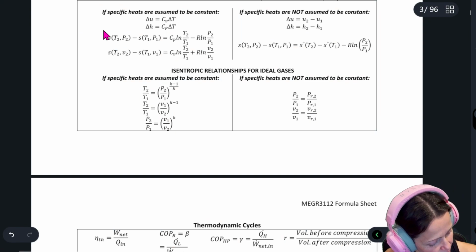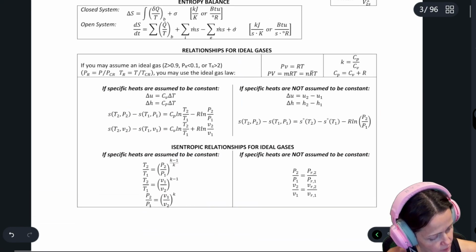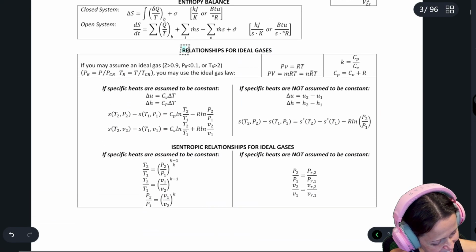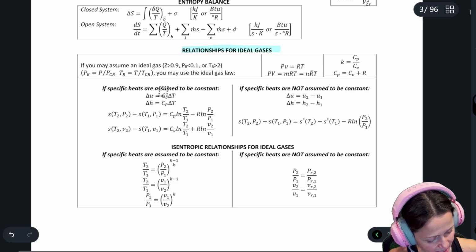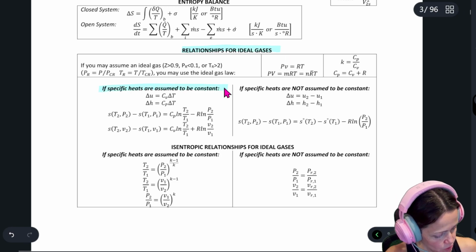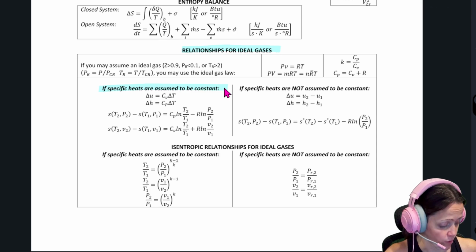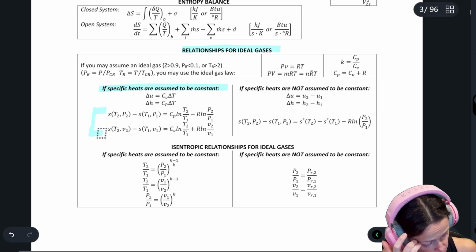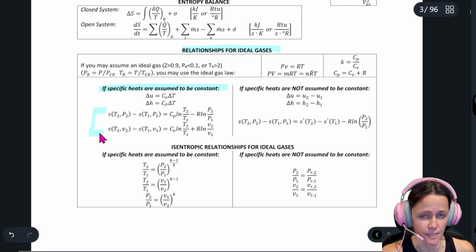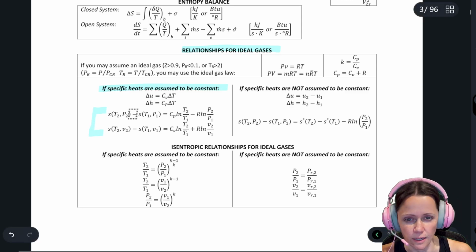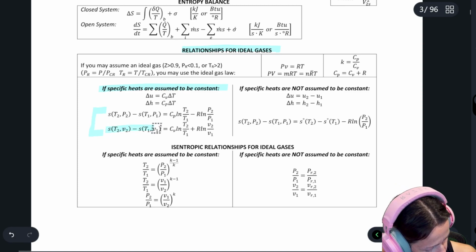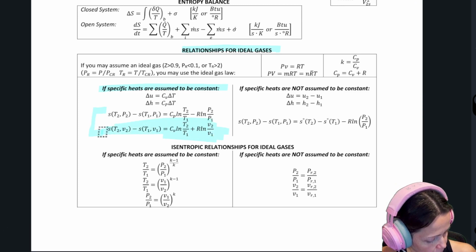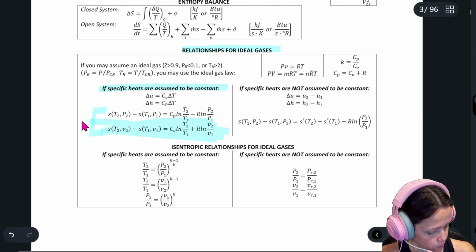We have relationships for ideal gases, and we are assuming specific heats are constant. The information says it's a rigid tank, so let's use this one. This one's probably going to be much more convenient for us.